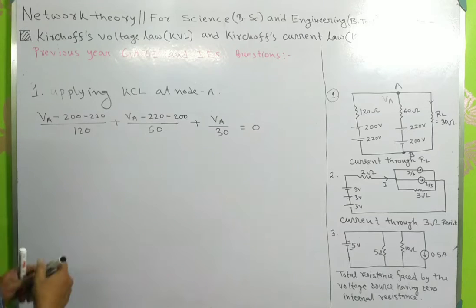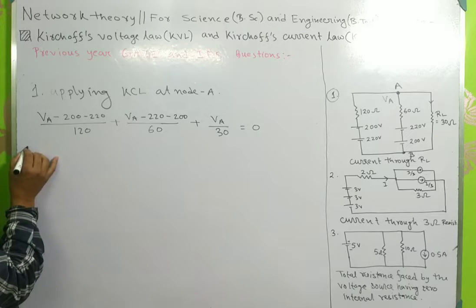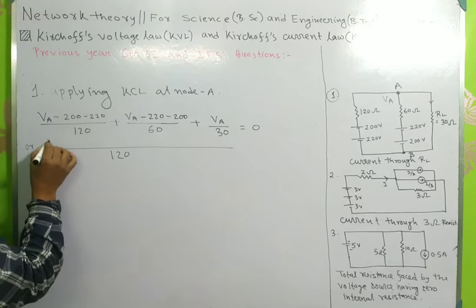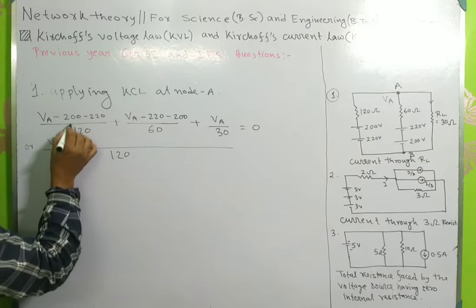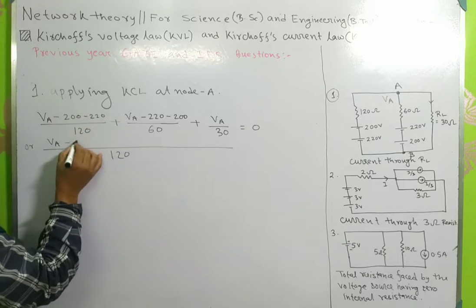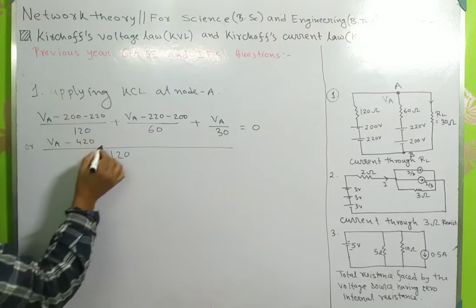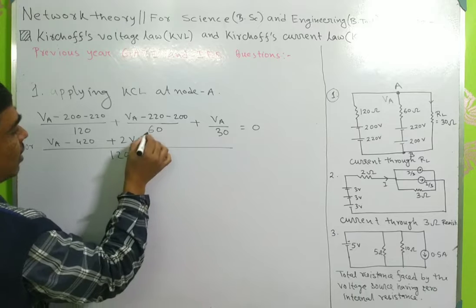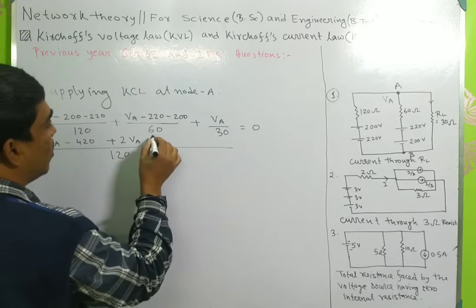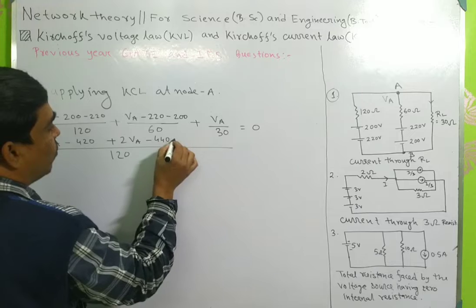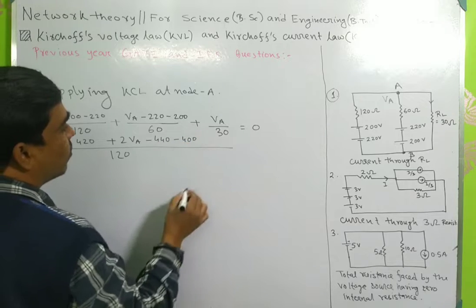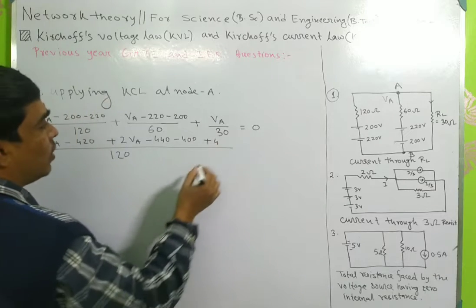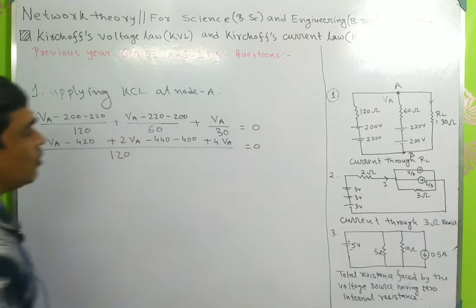Now we have to solve it. You can write this over 120. So this is VA, and I add this, so it will be 420, and this will be 2 VA, and this will be 440 minus 400, plus 4 VA equals to 0.